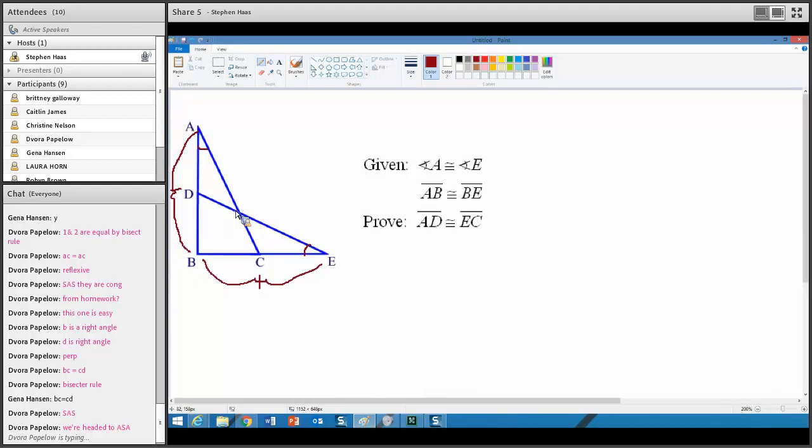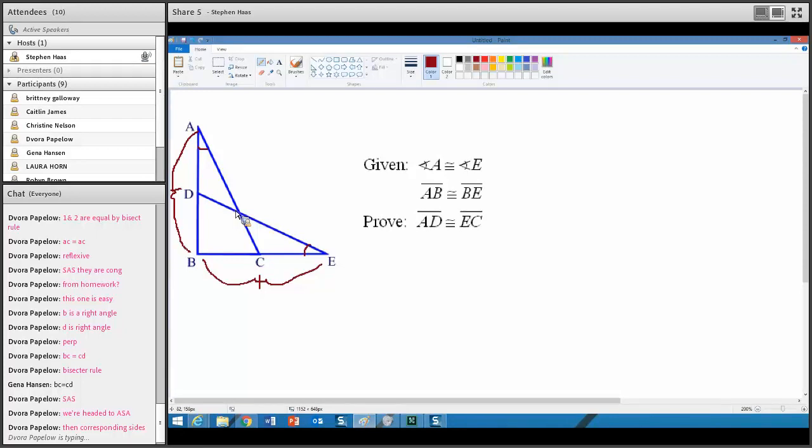Well, how do we go about doing this? Okay, I'm thinking this right now over here. We've got an angle, and we've got a side of two triangles that are kind of overlapping here.